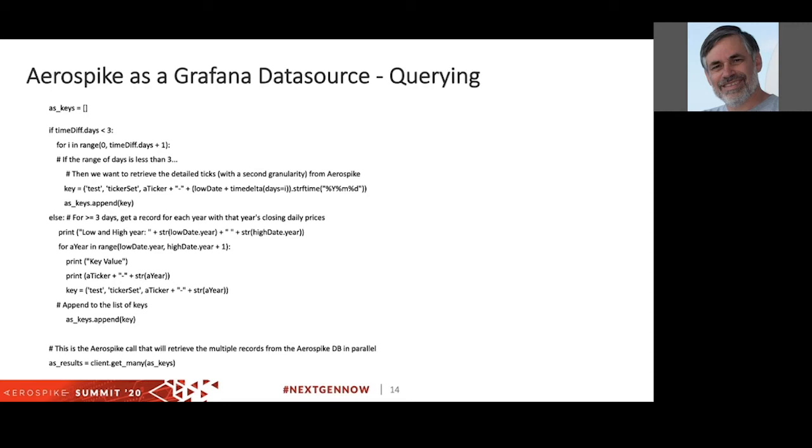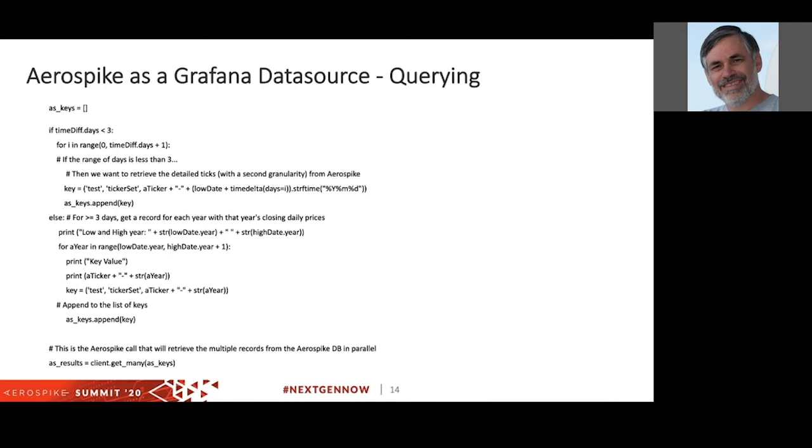As I said earlier, if I'm looking for a small number of days, in this case less than 3 days, I want to get the detailed tick data for those 2 days.